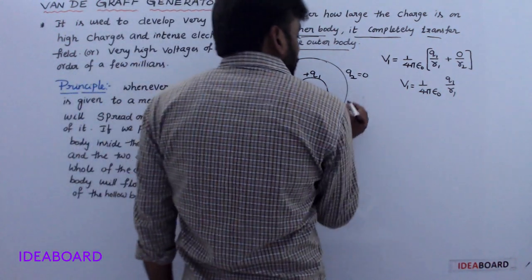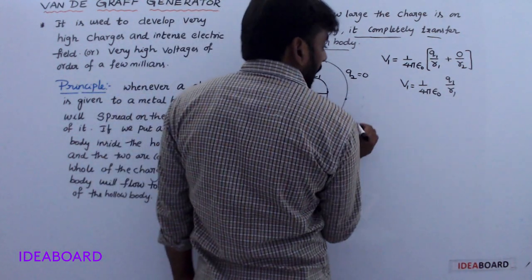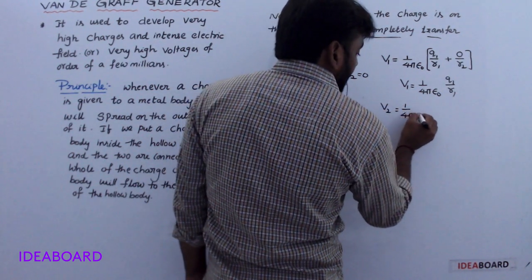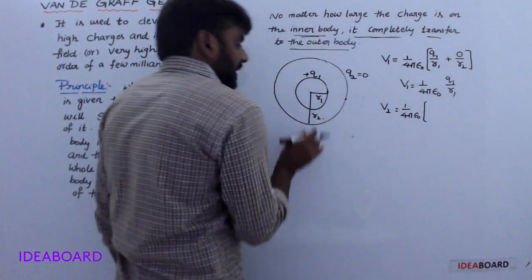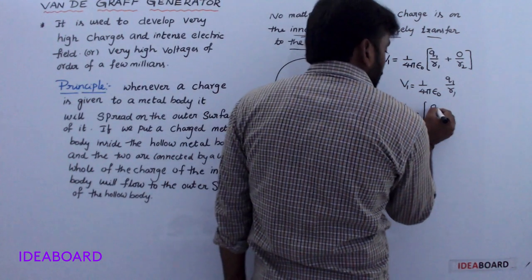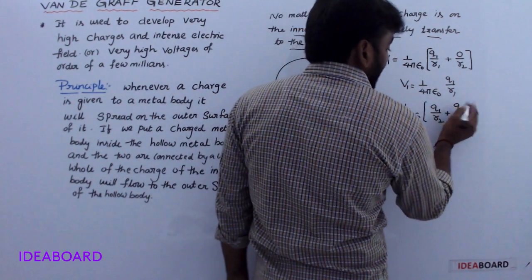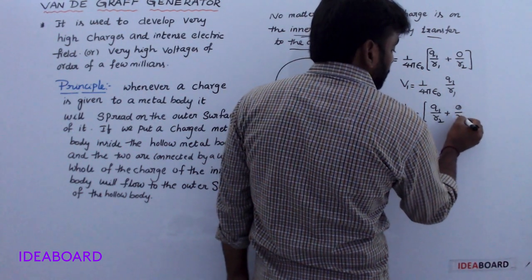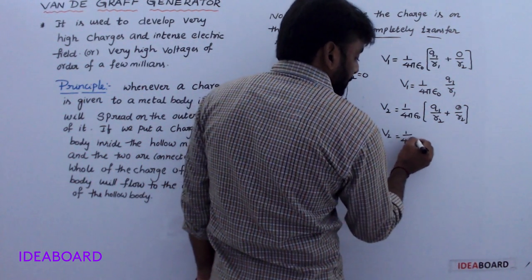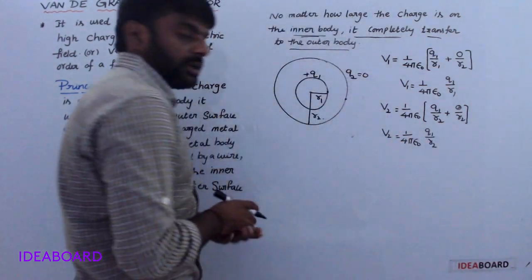Okay, next, the potential on the surface of the outer hollow sphere. V2 is equal to 1 by 4 pi epsilon naught. Due to q1, outside means the distance is r2, so q1 by r2, plus this one is 0 by r2. That means V2 is equal to 1 by 4 pi epsilon naught q1 by r2.